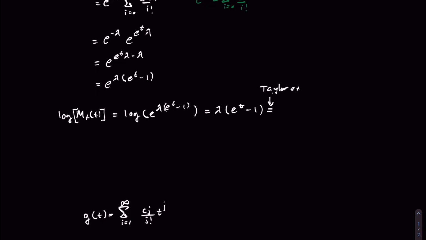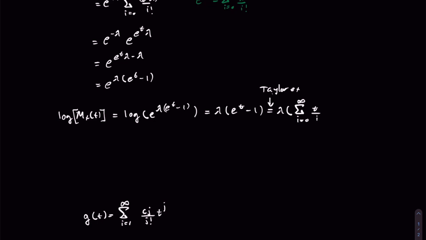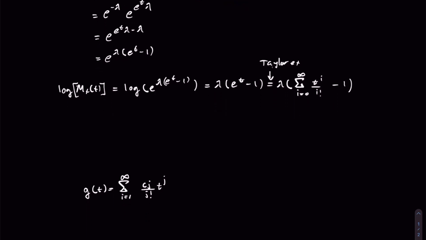So we do the Taylor expansion: lambda, and now we have this sum from i equals 0 to infinity of t to the i over i factorial, minus 1. All right, this looks now pretty familiar. This is not very far away from that factor inside there. But notice that this sum starts at 1 and this sum starts at 0.